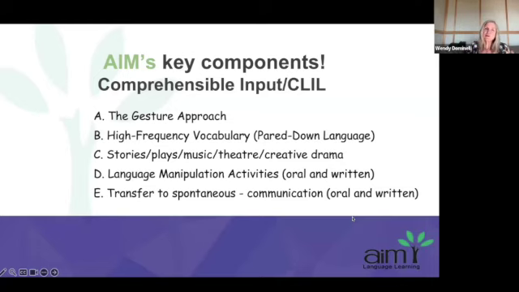So the way we integrate this vocabulary in the gesture approach and contextualize it is through stories, plays, music, theater, and creative drama. Offering something to the students that they come to know intimately well is a very, very beneficial way of helping students then transition easily into their ability to manipulate the language independently.